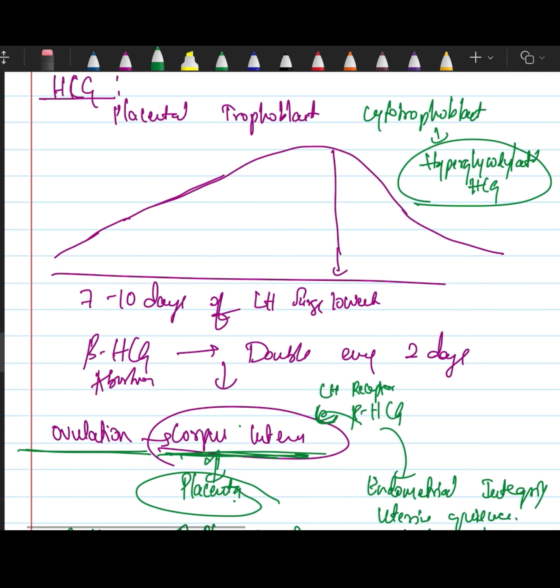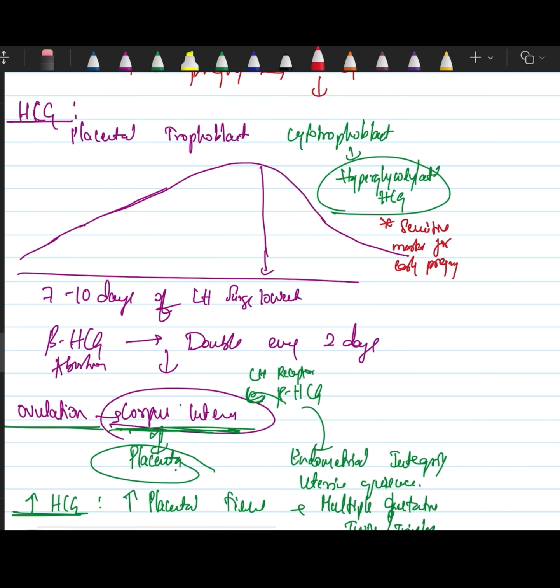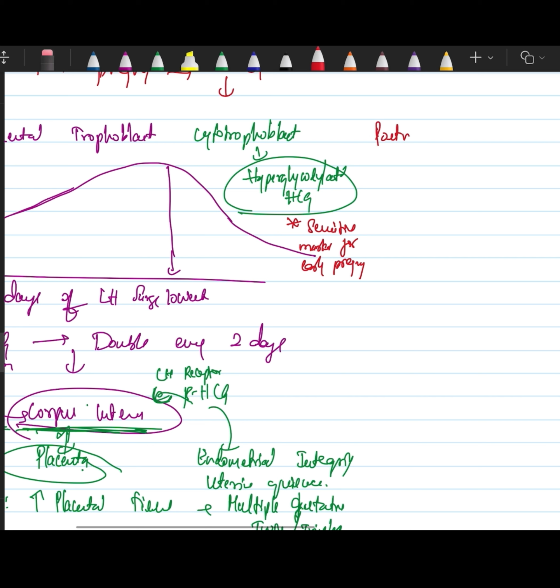This can be a sensitive marker for early pregnancy. Okay, and the pituitary also makes small amounts of HCG. So that is why in postmenopause, there is a rise in gonadotrophin secretion from the pituitary, and in that situation there can even be a rise in HCG level. This is just a variant form. Okay, this is about your peptide hormone.